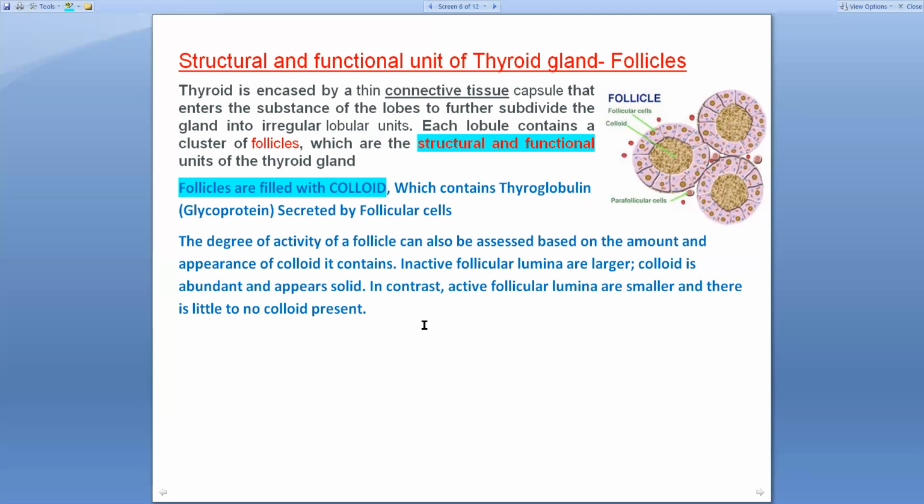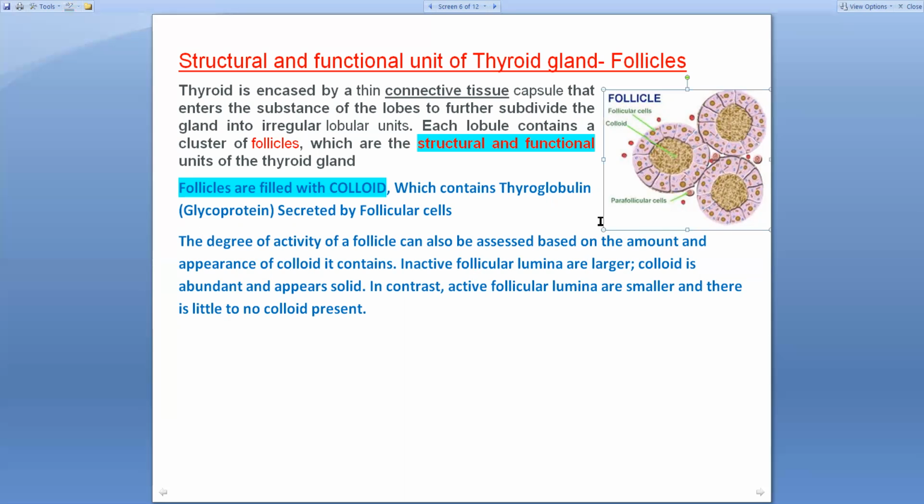And if the follicles are small and the colloid is less, it means that the follicles are highly active.